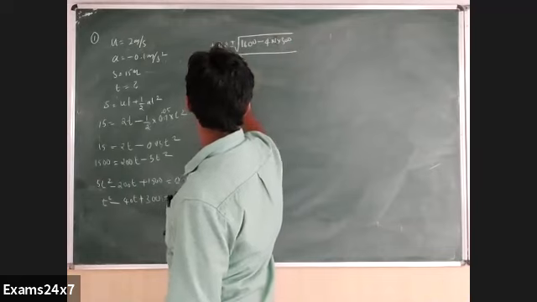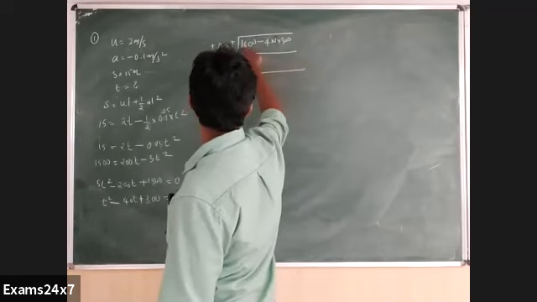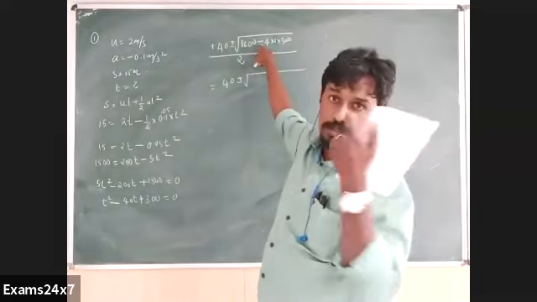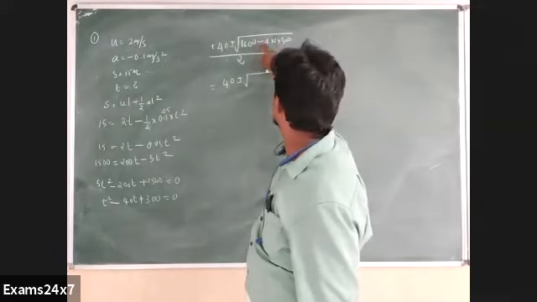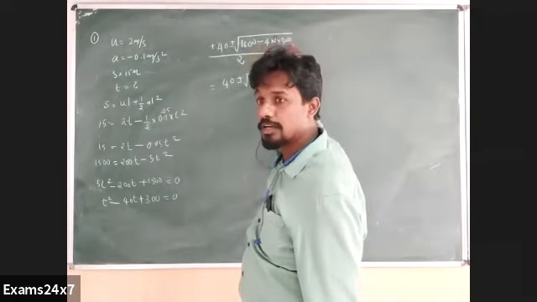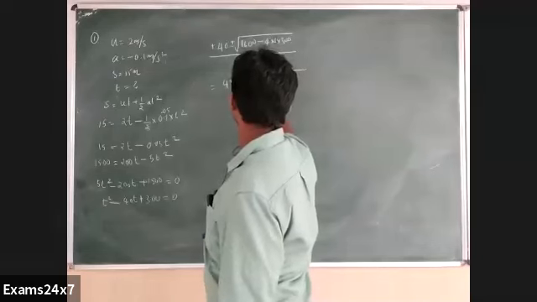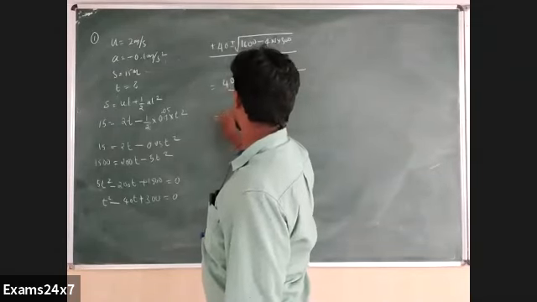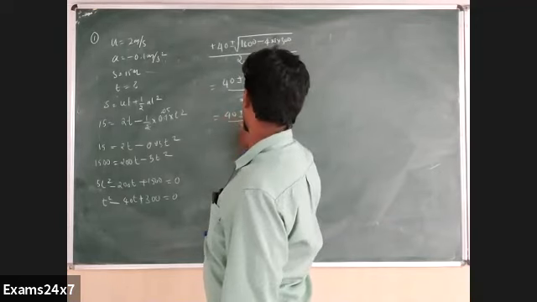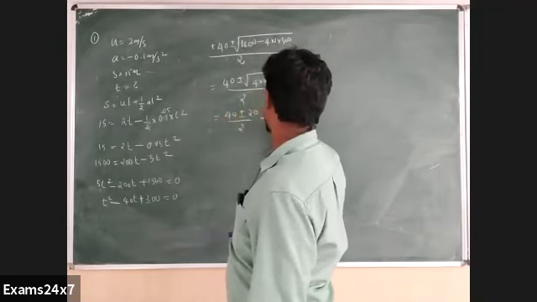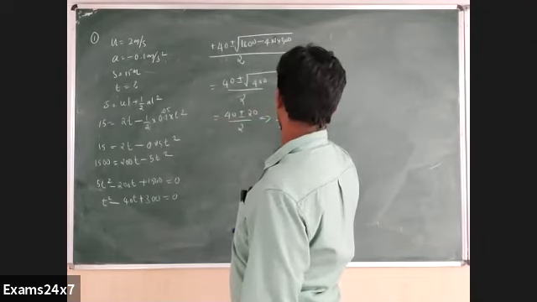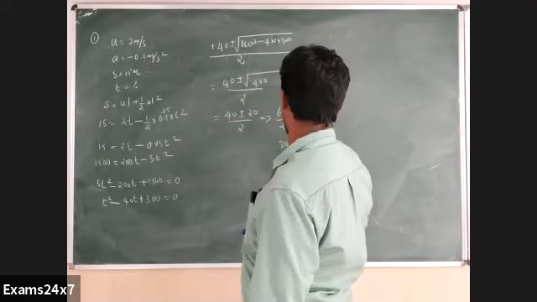That is 40 plus or minus square root of 1600 minus 4 into 300 is 1200. 1600 minus 1200 is 400. 40 plus or minus 20 by 2. That is equal to 60 by 2 or 20 by 2, that is 30 or 10.